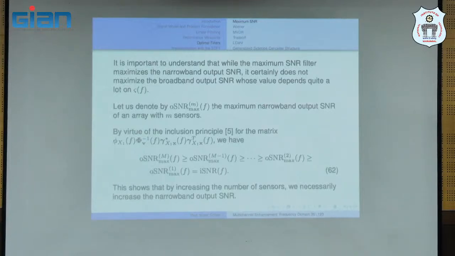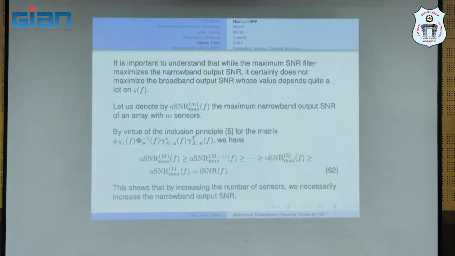Suppose that we add an additional sensor and the desired signal received in this additional sensor does not correlate with X1, with the desired signal in Y1, in the reference sensor.